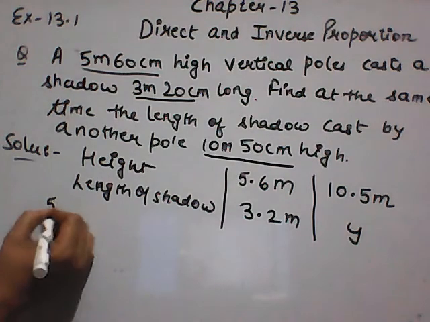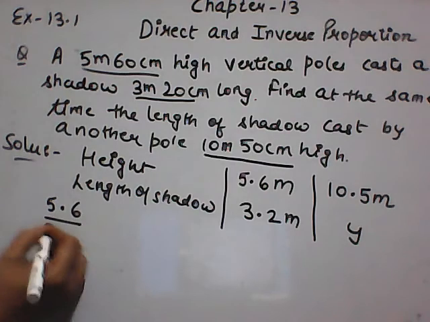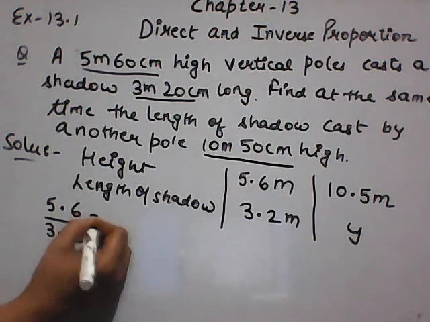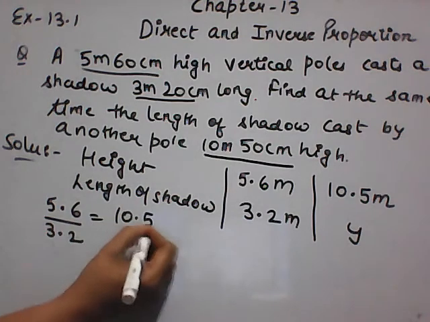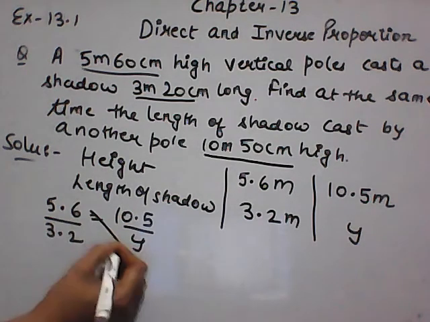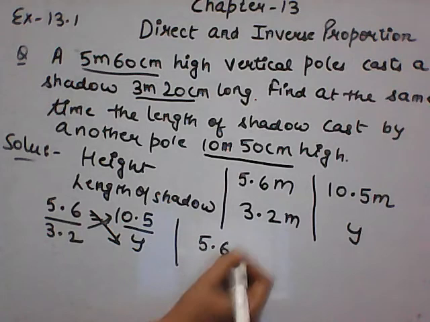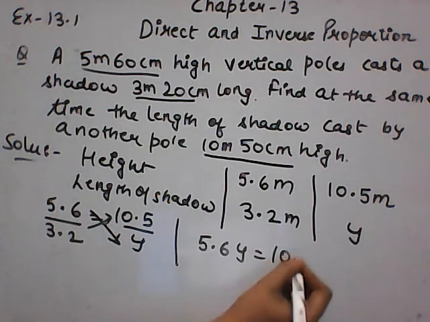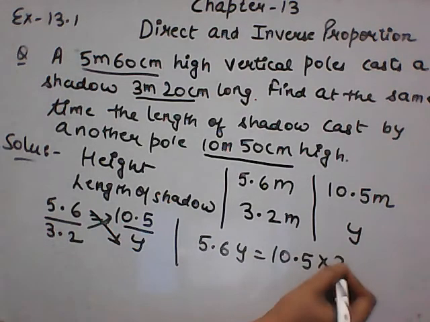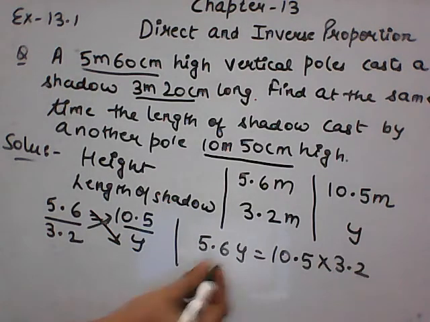In this way, we can write 5.6 divided by 3.2 is equal to 10.5 divided by y. Now cross multiply. 5.6y is equal to 10.5 multiplied by 3.2. Now 5.6 is the multiplier.